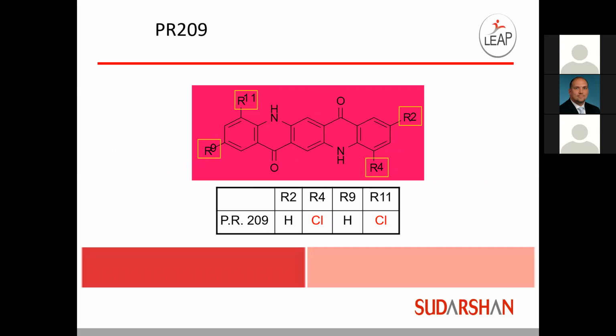And then, as we stated, if we move the positioning of those chlorines to the number 4 and number 11 spot, we create Pigment Red 209, which then moves the color positioning. Even though the chemical constituents are the same, the positioning moves it a little bit more to the blue side.